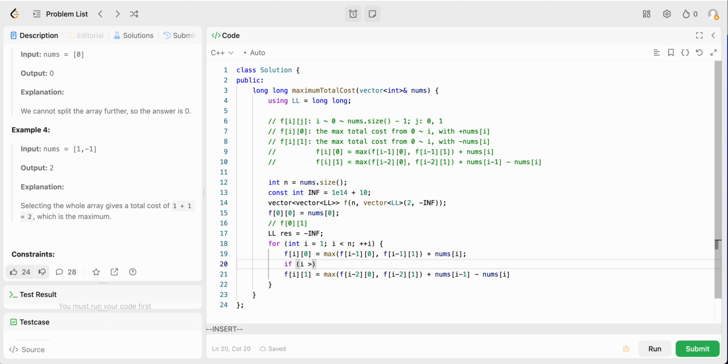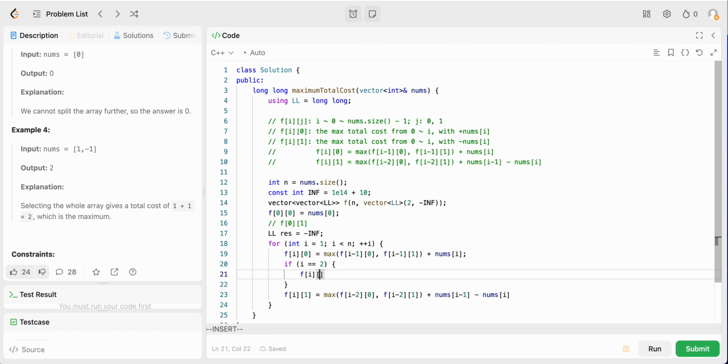If i equals 2, what will happen? f[i][1] is just nums 0 minus nums 1, because we only have two here, so i minus 2 is not valid.